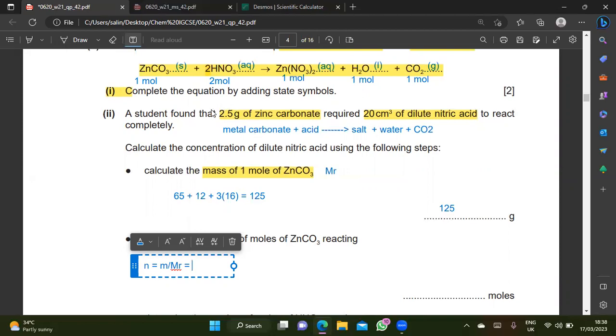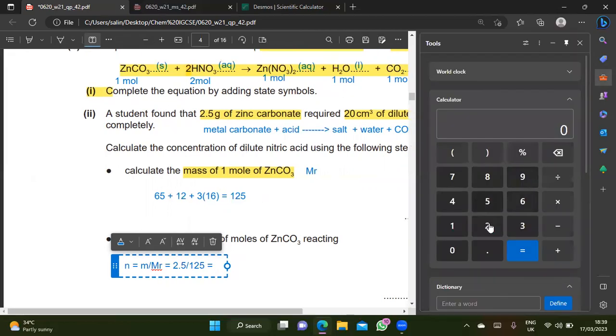Let's have a look. 2.5 gram. So 2.5 gram divided by Mr 125. That's the number of mole here. So directly just type it in here. 2.5 divided by 125. This is a very important calculation in chemistry.